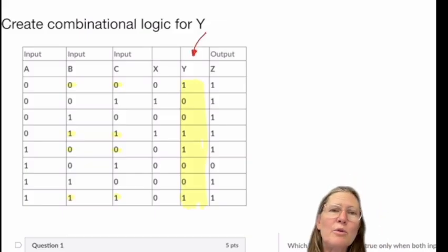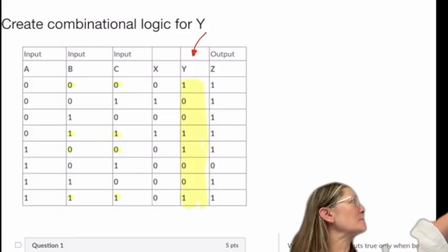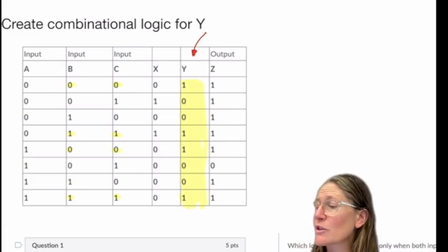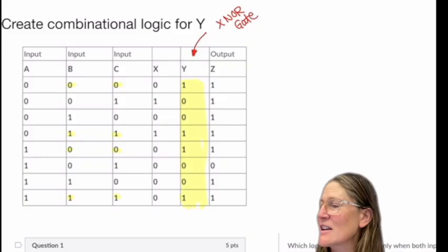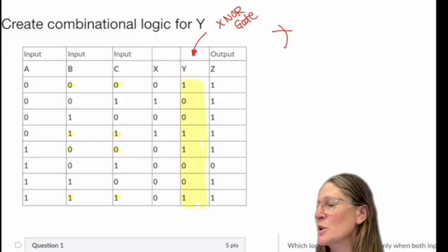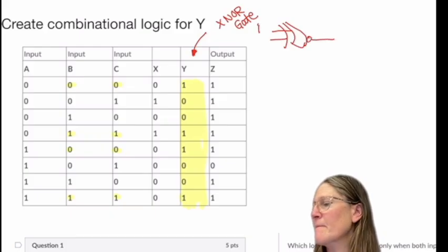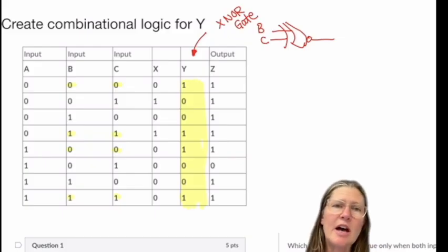If you note that, well, I notice a pattern here between 2 of the inputs, and it doesn't matter what the 3rd input is, you could use just a single XNOR gate between B and C. And you can check that.